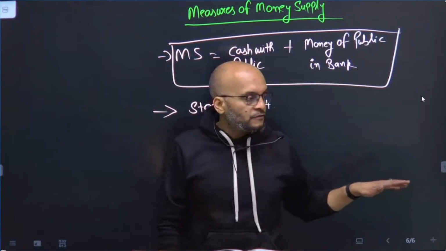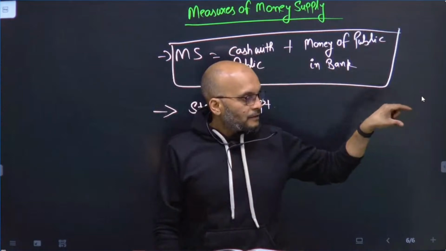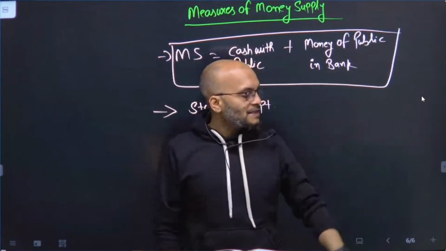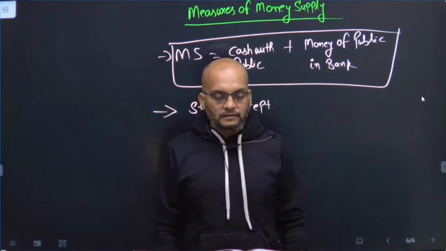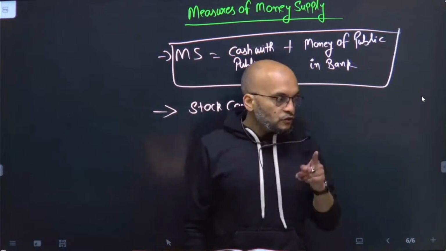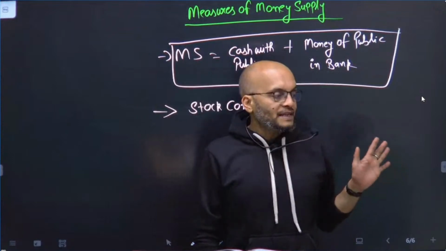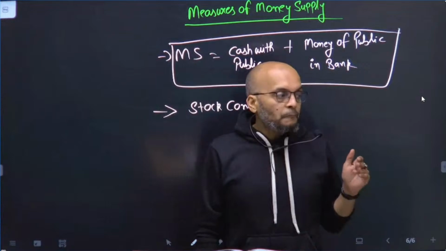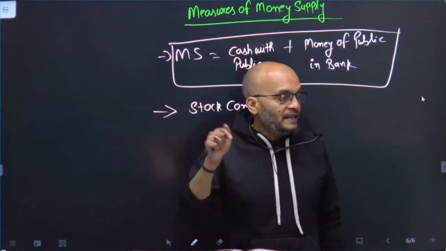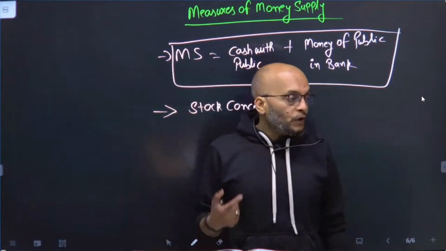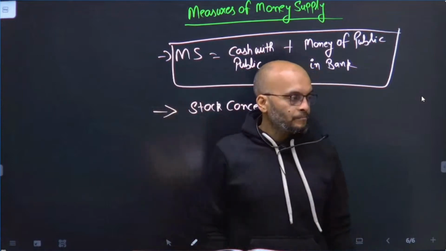Out of total money, the money gone to the public, and the money left with the bank is reserves. So when I say not with the banks, I mean I'm not talking about reserves. Reserves are not included in money supply. Only the money of the public, only the money with the consumers of money.